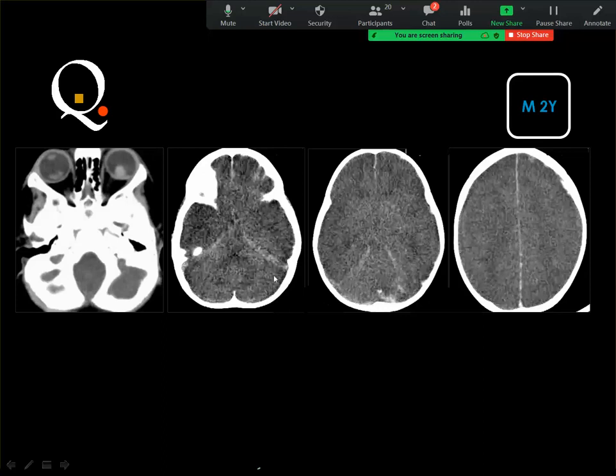Then if you go to the brain scans, you cannot see the ventricles because of the diffuse brain edema, and you got some hemorrhagic shadows in the posterior fossa. And also, if you look carefully here, you can see some hemorrhage along the inner wall of the calvarium.